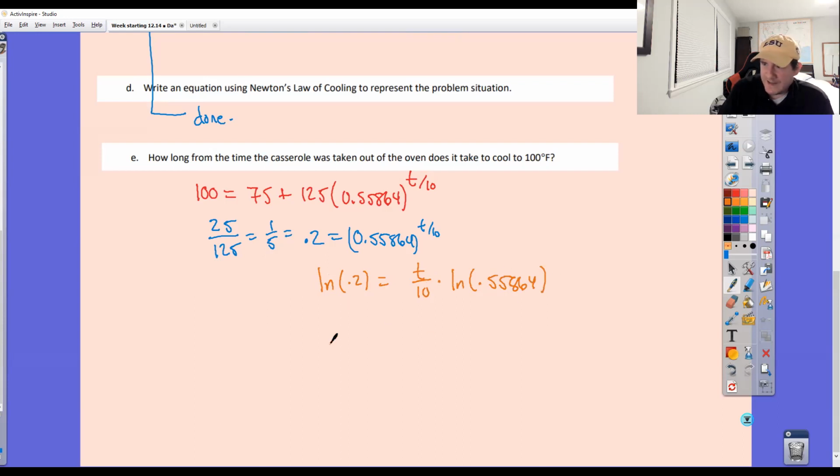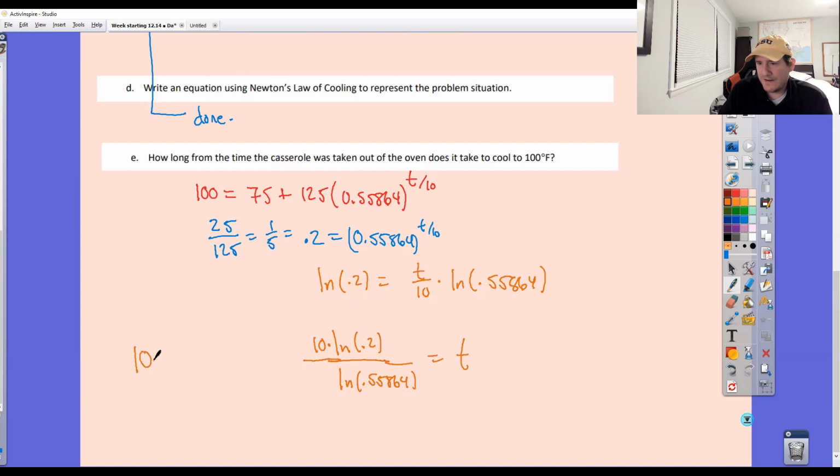Now you're dividing by that, so you get the ln of 0.2 over the ln of 0.55864. That equals T over 10, so multiply by 10, essentially just putting it up there. Hey, look, it's what we would have gotten from change of base formula anyway.